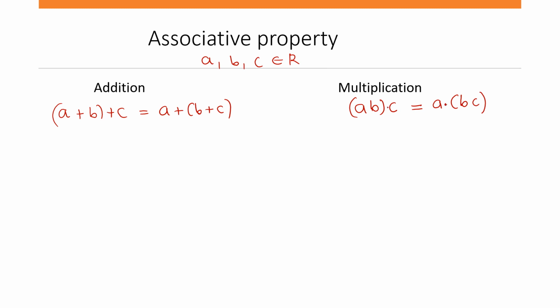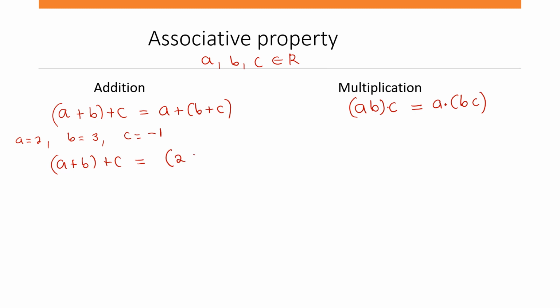Is that okay? So let's take particular numbers. Let's take a to be 2, b to be 3, and let's take c to be a negative number. So this means you first finish this one. If you have a plus b first, plus c, it means you finish what is inside the parenthesis, right?